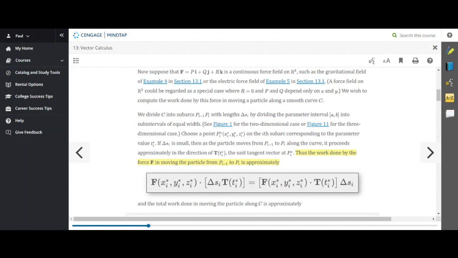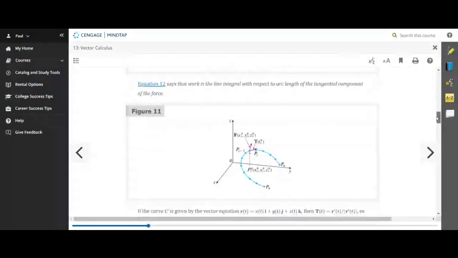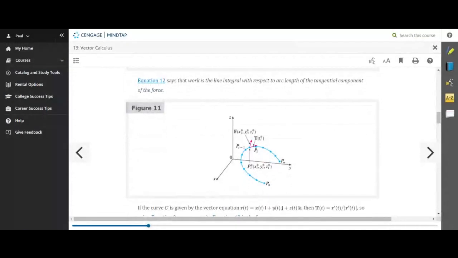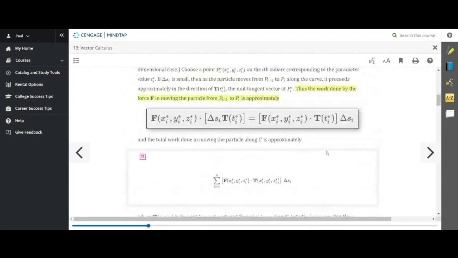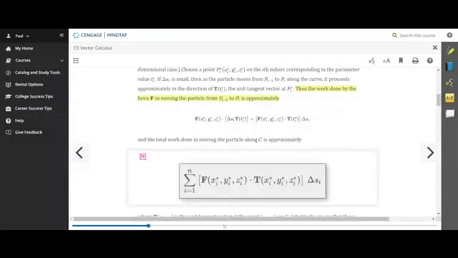It makes sense that the scalar multiple be delta S, which is that little piece of arc length. And this is going to be that little piece of work. The total work that the force field does in moving the particle along that path would be the sum of all the pieces of work.